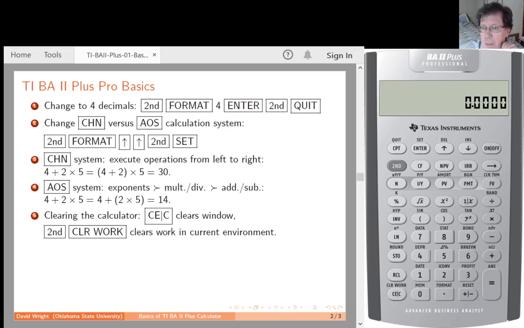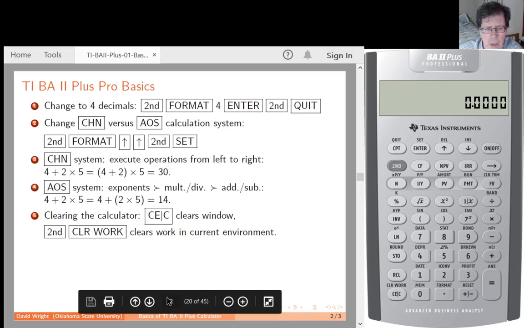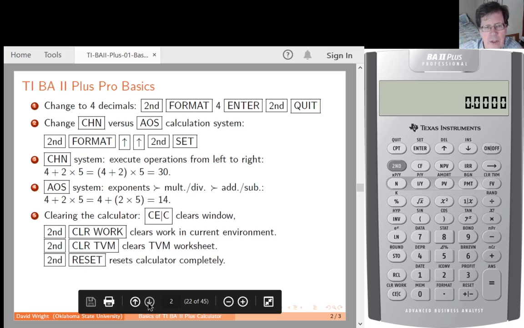The TVM is a little bit different. The TVM consists of these 5 buttons, and it has its own clear button, clear TVM. Okay, so that's clearing. And we'll get to the TVM worksheet in a later video.